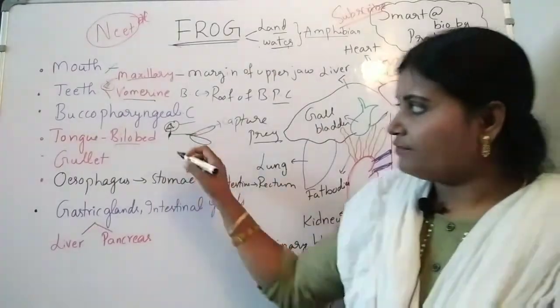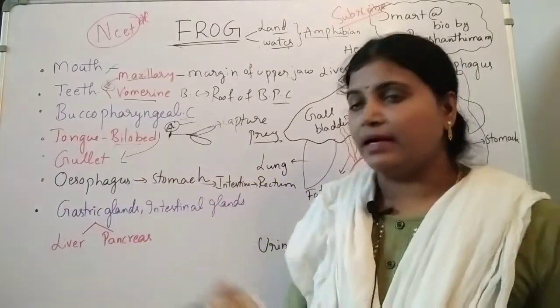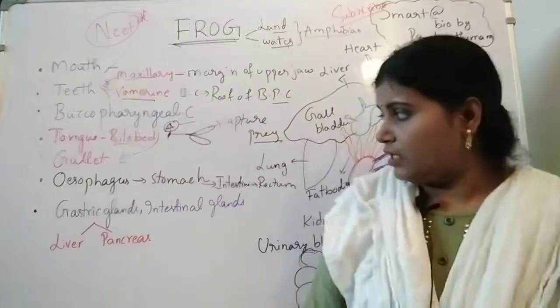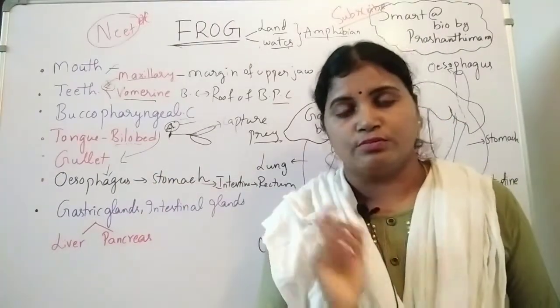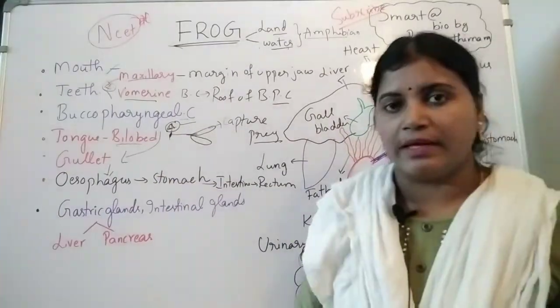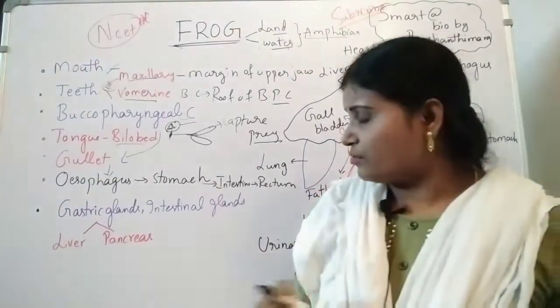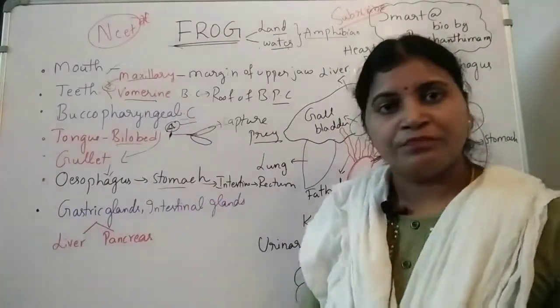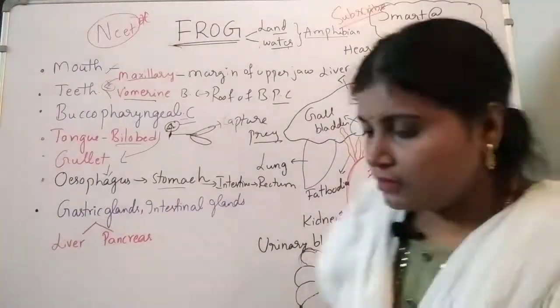After the buccopharyngeal cavity, it opens into the gullet. After the gullet it opens into the esophagus, a short narrow tube, not a long tube like ours. The esophagus opens into the stomach, as you can observe in the diagram.